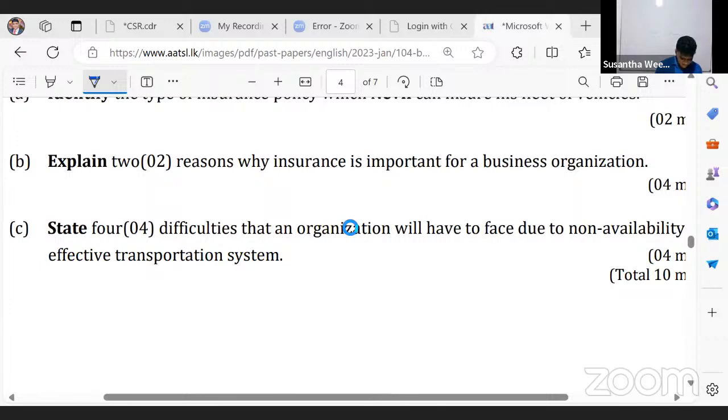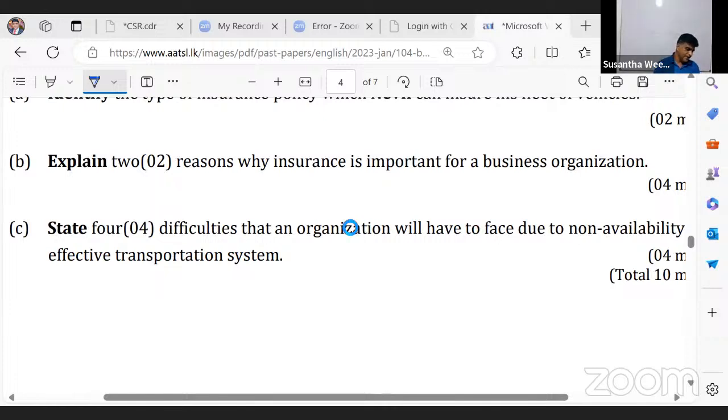There will be a time delay in receiving goods. And sometimes there may be accidents. Sometimes there may be damage to goods transported in the particular vehicle. Sometimes that is not properly aligned with the requirement.